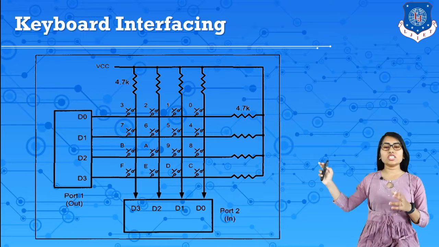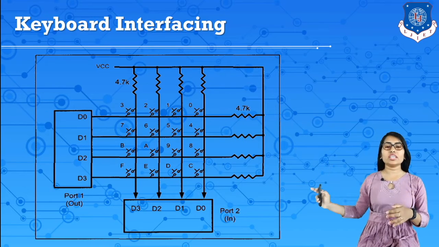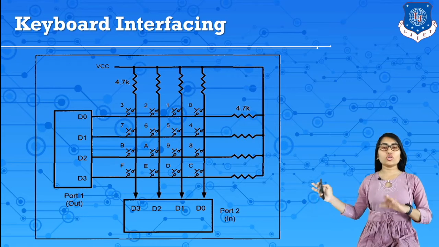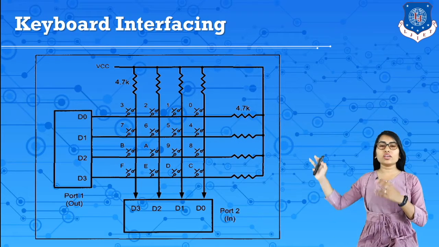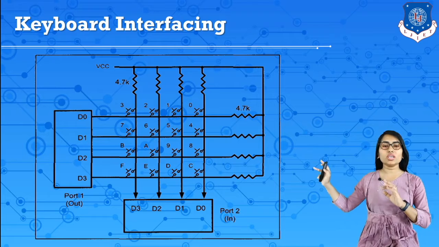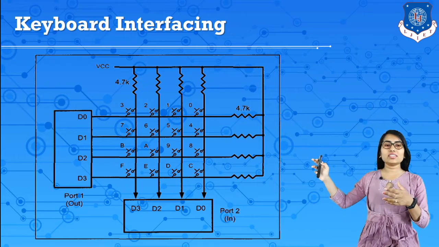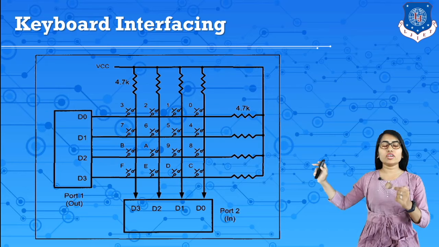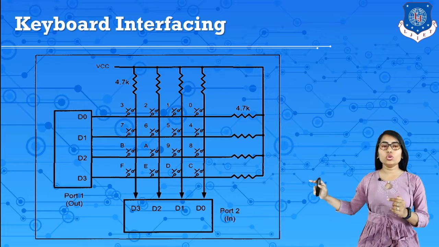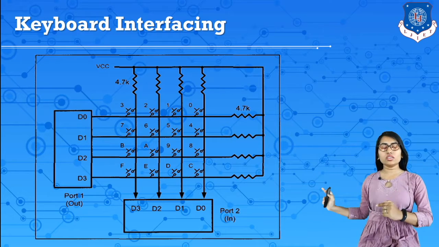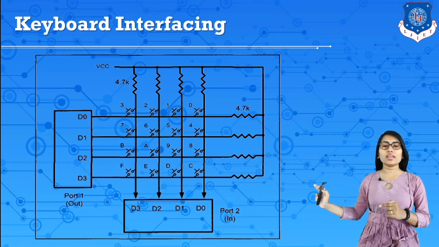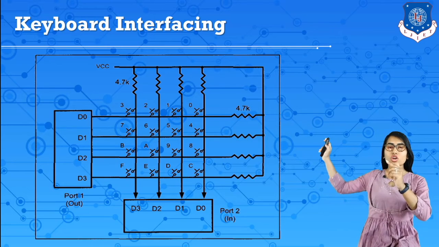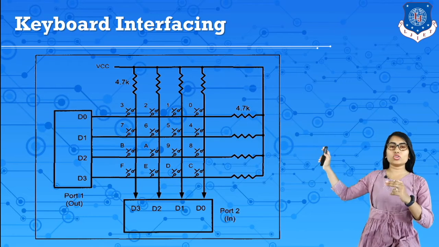D0, D1, D2, D3 can be 0 or 1, and according to that any of the lines can be connected. If D0 is equal to 1 and D1, D2, D3 are 0, and on the column D0 is also 1 with other bits 0, that means 0 is selected.